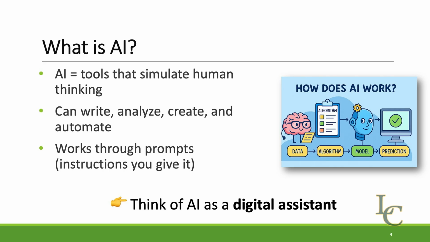That's essentially what AI is doing. It is not really thinking. It's not alive, it is not real, and it's not really giving you an independent thought. What it's doing is taking something it's finding off the internet, essentially the answer to what you're asking, and putting it together for you. So it is simulating human thinking, but it's not actually thinking. It's just taking information that's already out there.